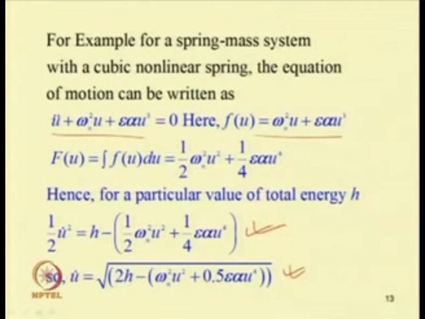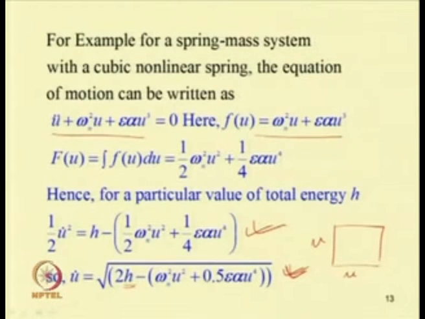So, for a given potential we can find the relation between u and u dot, that is displacement and velocity of the system. We know the plot between u and u dot, that is displacement and velocity, is the phase portrait of the system. So, how it evolves with time can be analyzed from this equation qualitatively.